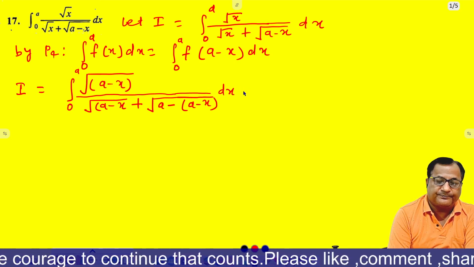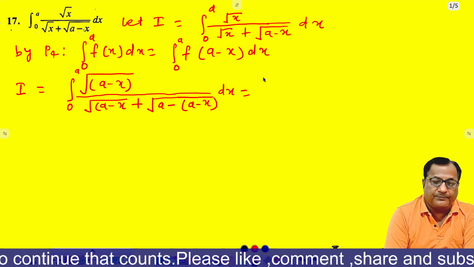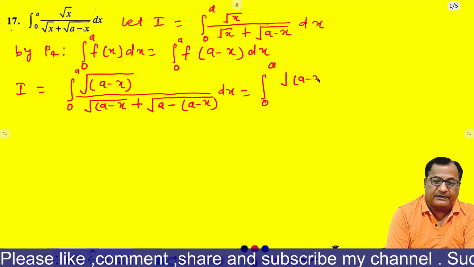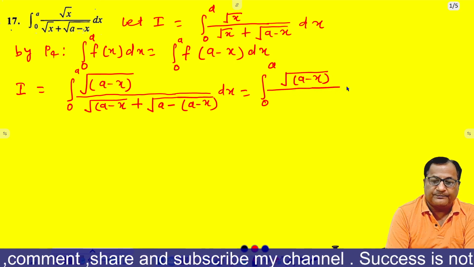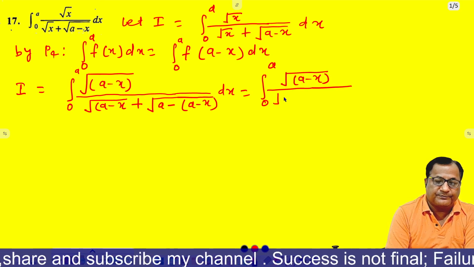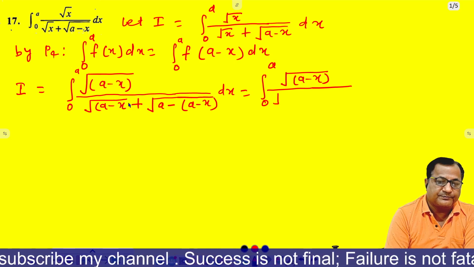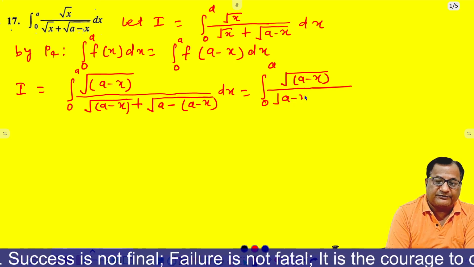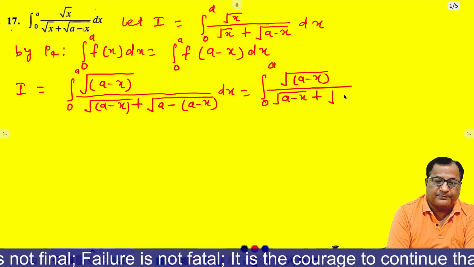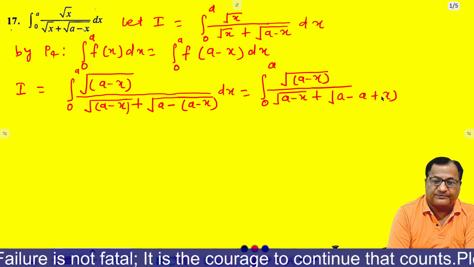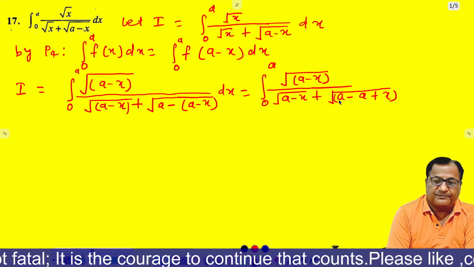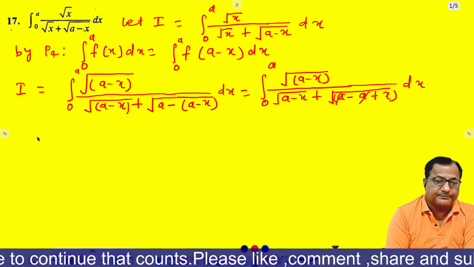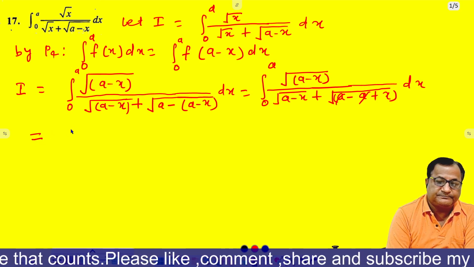This is equal to root a minus x divided by root a minus x plus root of a minus a plus x, dx. This a and a will be cut.